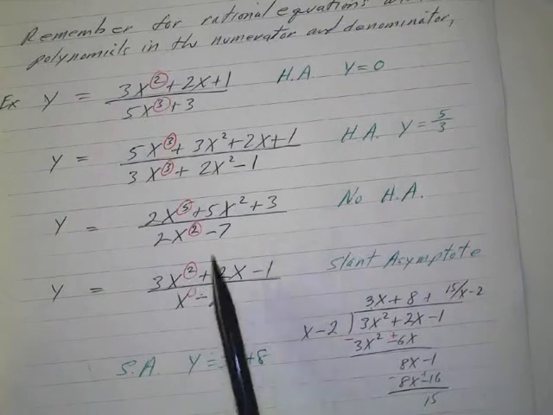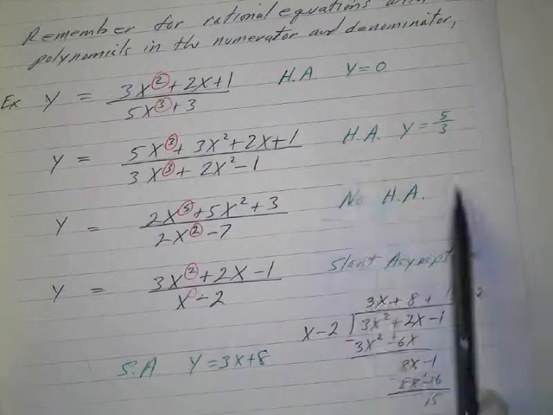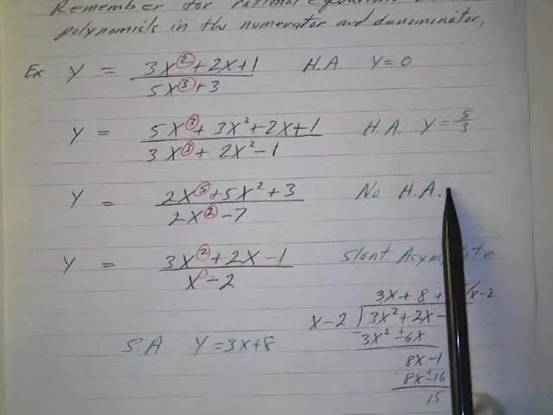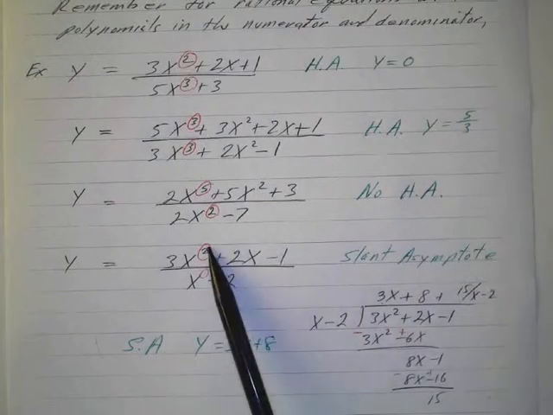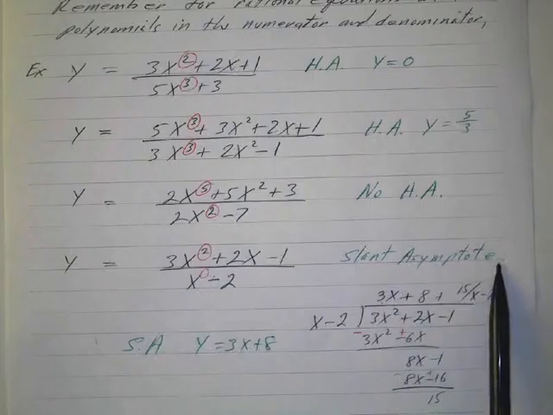That's a horizontal asymptote. It's a constant. If the degree of the top is greater than the degree of the bottom, then there is no horizontal asymptote. But if the degree of the top is exactly 1 greater than the degree of the bottom, we have what we call a slant asymptote.